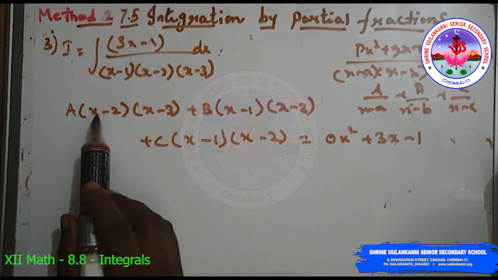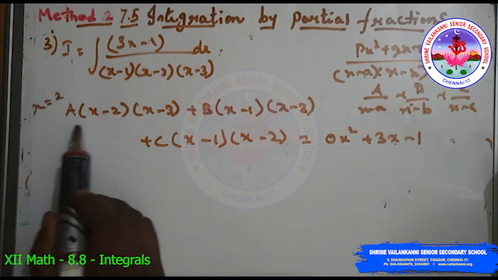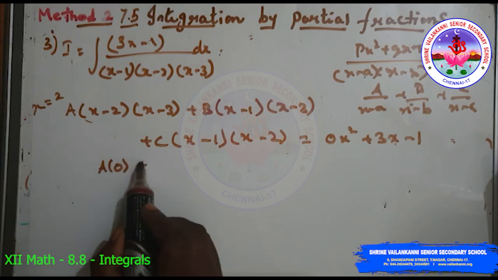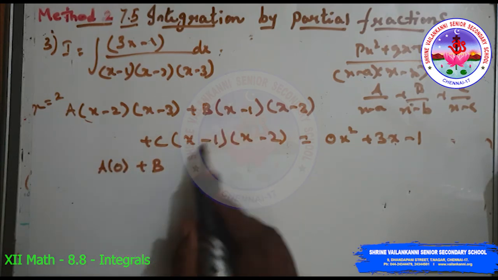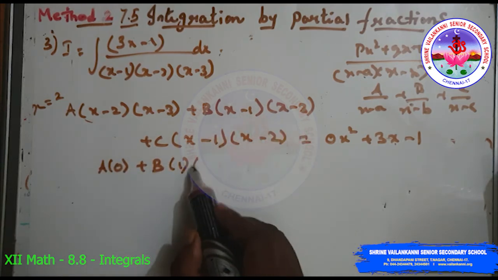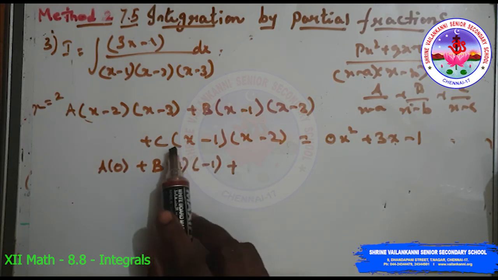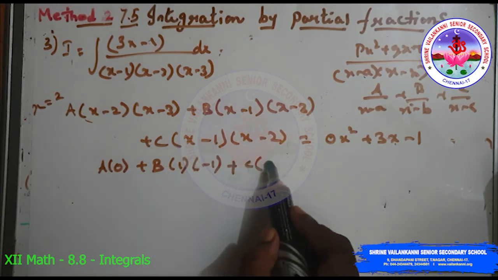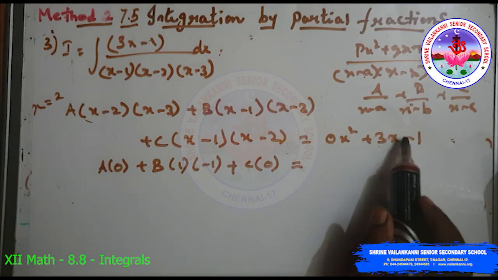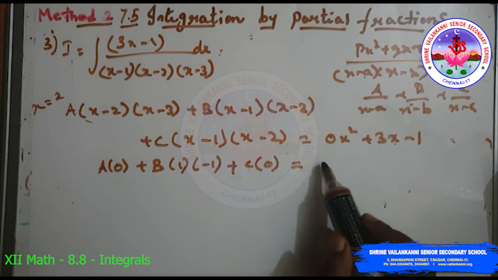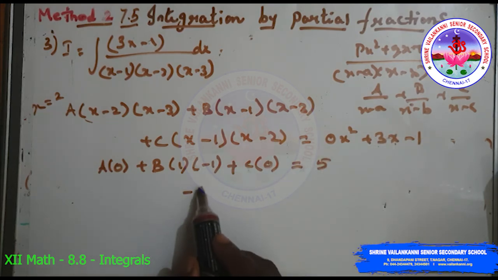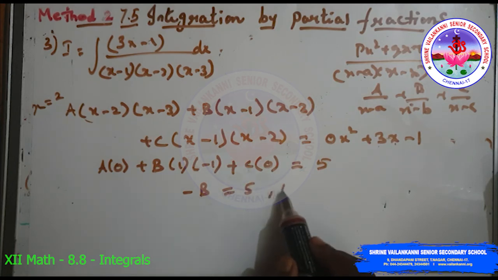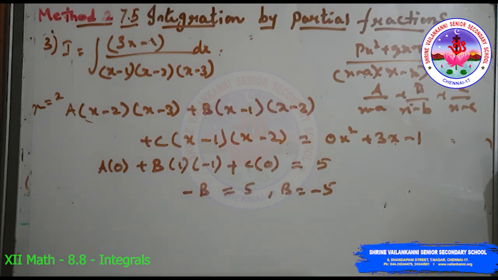Put x is equal to 2, so this term will become 0, so A into 0 plus B into (2 minus 1) is 1 and (2 minus 3) is minus 1, plus C into (2 minus 1) is 1, (2 minus 2) is 0, so C will become 0, which is equal to 3 into 2, 6, 6 minus 1 is 5. So minus B is equal to 5, so B equal to minus 5.